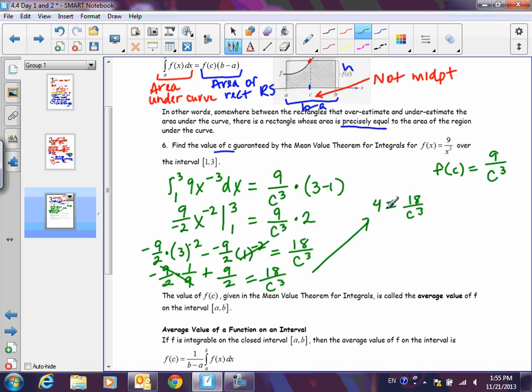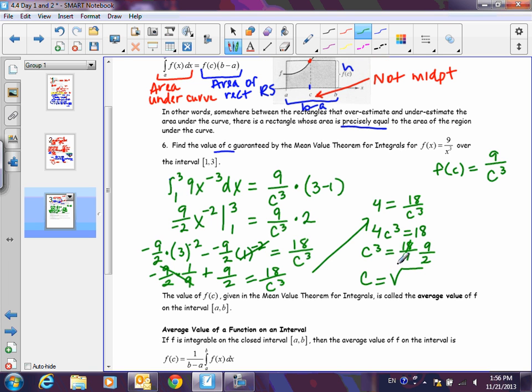Now you can either think of this as multiplying by c cubed or cross multiplying, but you get 4c cubed equals 18, or c cubed equals 18 over 4, which I'm going to rewrite as 9 over 2. All right, and so what is c?